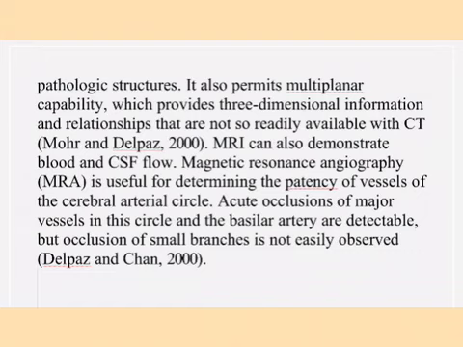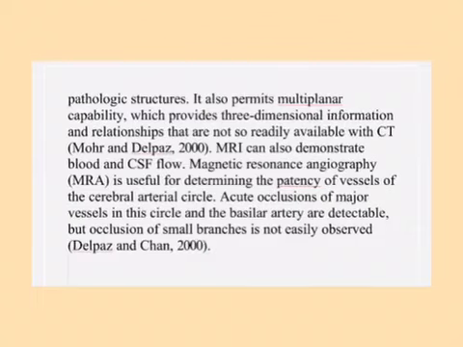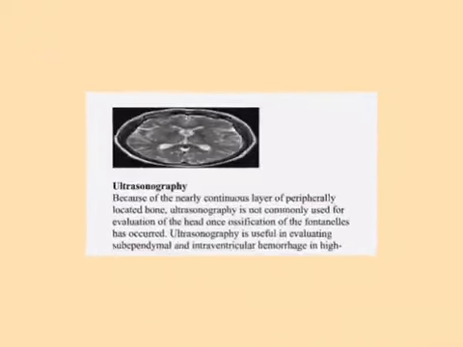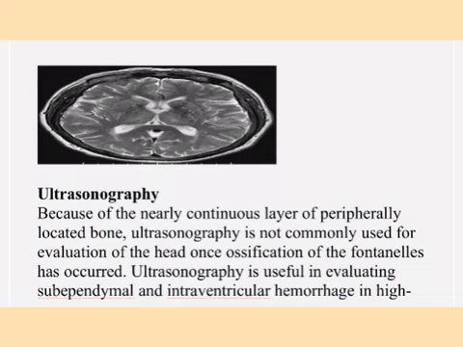But when you have occlusion of small blood vessels, it's not easily observed with MRI. So that appears to be a shortcoming. Right here is an illustration of magnetic resonance imaging. In the scan, a cross section of the brain is seen right here.